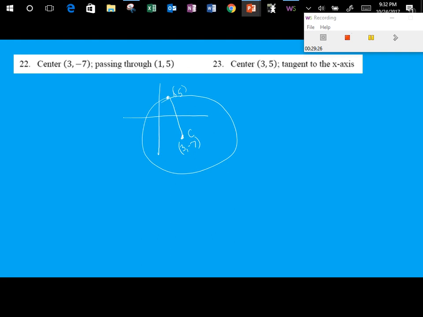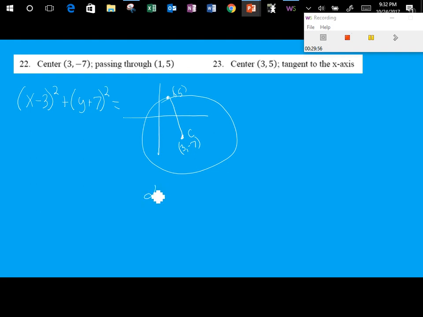So now here goes. On my number 22, I know my center is at (3, -7), so I know my partial answer is going to be x minus 3 quantity squared plus y plus 7 quantity squared equals. Now I got to go get that radius and square it. Here's where that distance formula on your note card comes in handy.